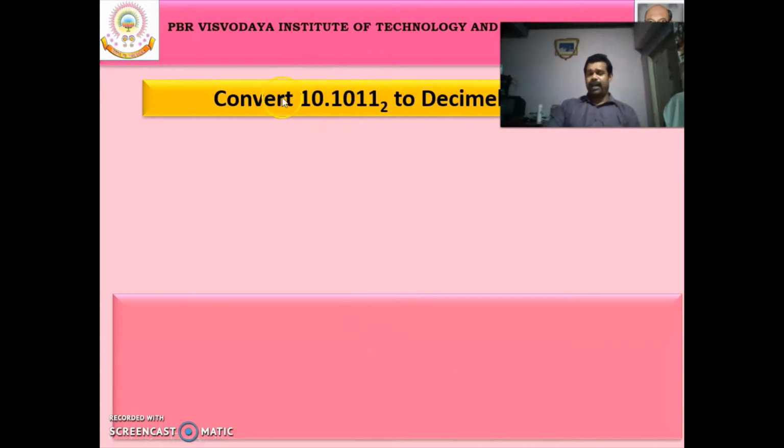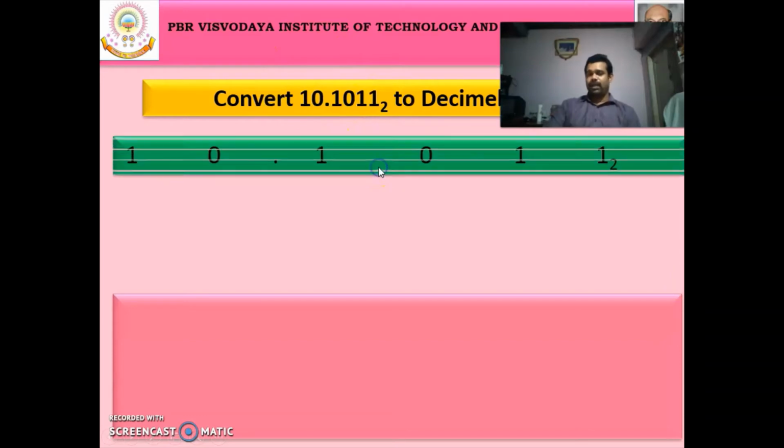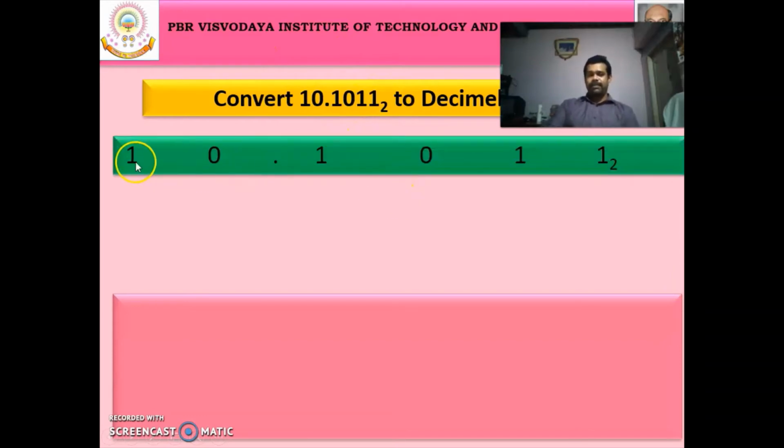So here you have a fractional part also. Similar to the previous problems, first we write the binary number. The number after this point is the fractional part, and the number before this point is the whole number part. So the whole number part is 0 into 2 to the power 0, 1 into 2 to the power 1.